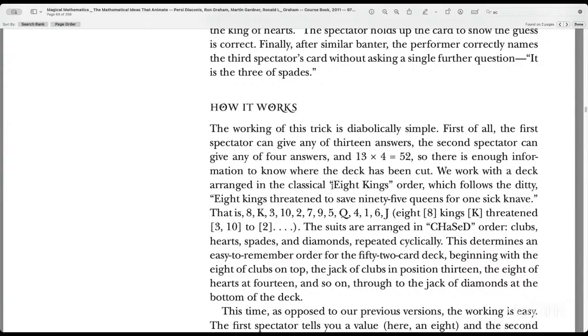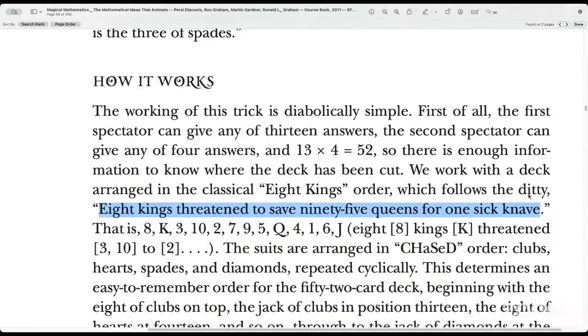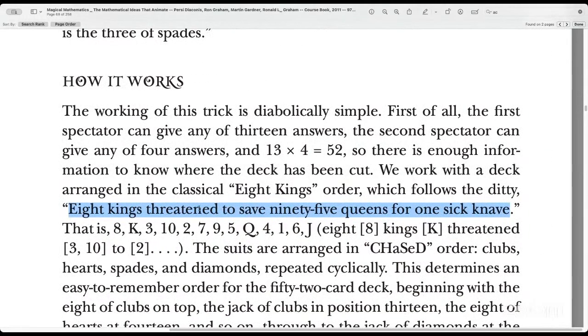So essentially, they have this 8 kings order, which is, I think, a nice mnemonic. Should I zoom in a little more? So 8 kings threaten to save 95 queens for 1 sick knave. I think this is a well-known ordering among cards people. So this is how the values are organized.